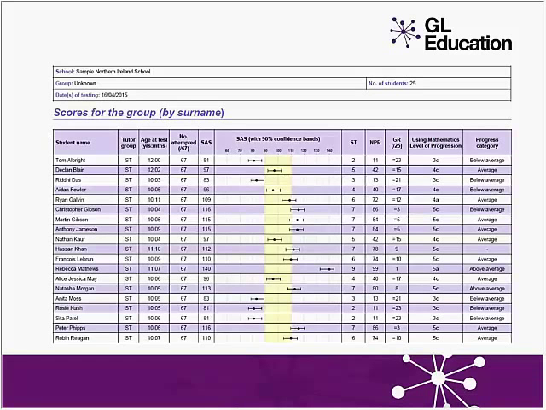We've retained levels in the short term because teachers have said that's what they want as they make the transition to other systems. And we've obviously got in there the progress category, so you can see that Tom is below average.